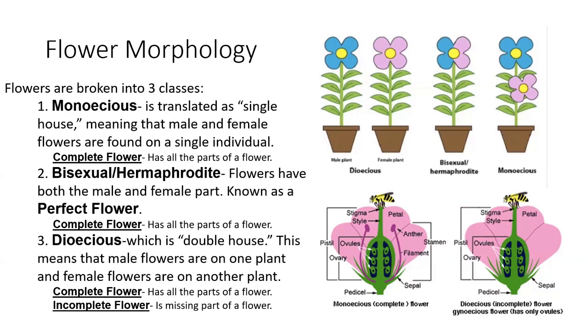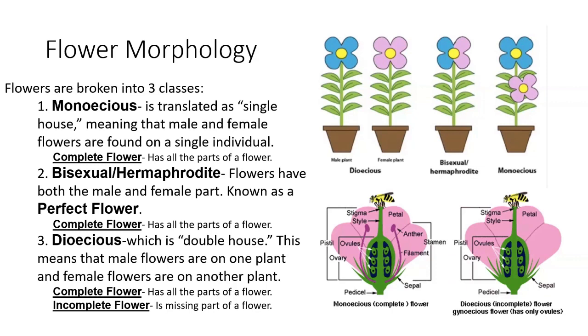Second type of class is what we call bisexual or hermaphroditic. So the flower has both the male and the female part on it. This is often known as a perfect flower. And then we have flowers that are considered dioecious, or double house, which means that the male flowers are on one plant and female flowers are on another plant.